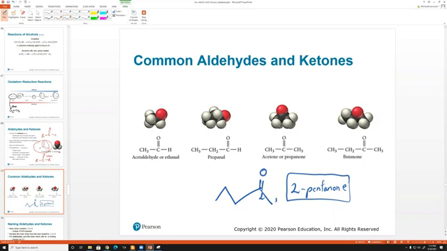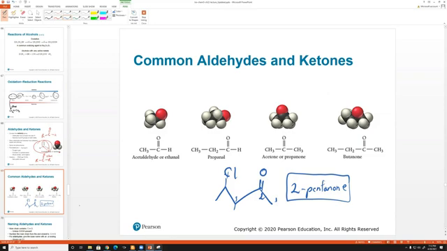You could have 3-methyl-2-pentanone, or 4-chloro-3-methyl-2-pentanone, etc.